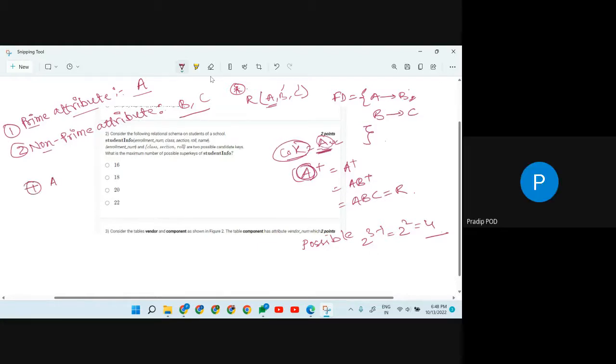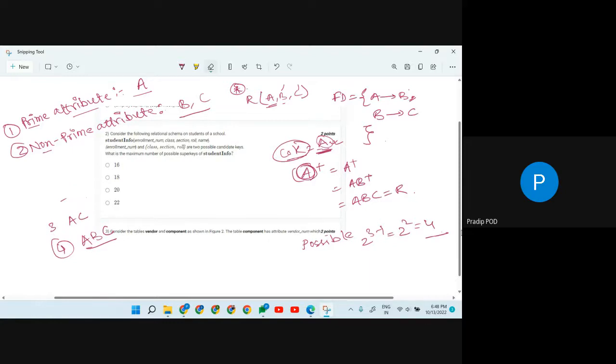Second, AB is possible. Third, AC is possible. And then ABC. This is your formula: 2 to the power of the number of remaining attributes.